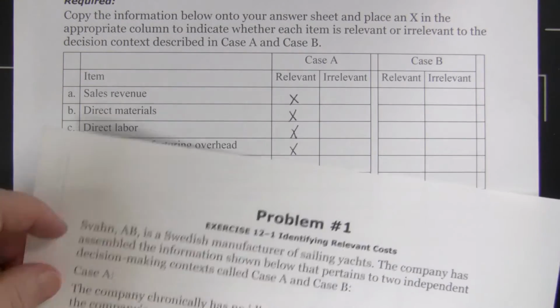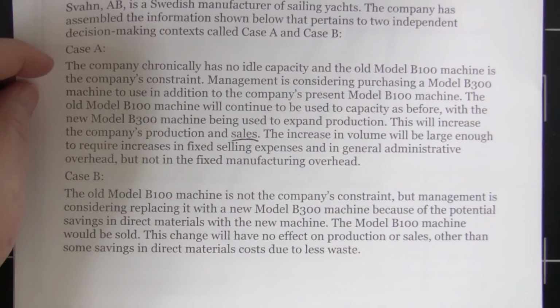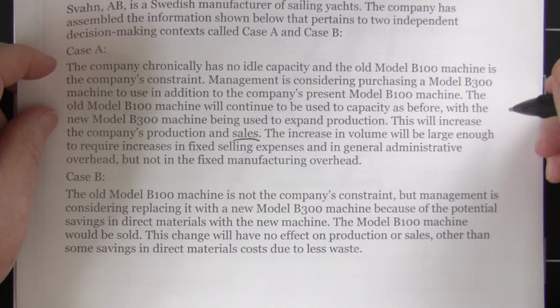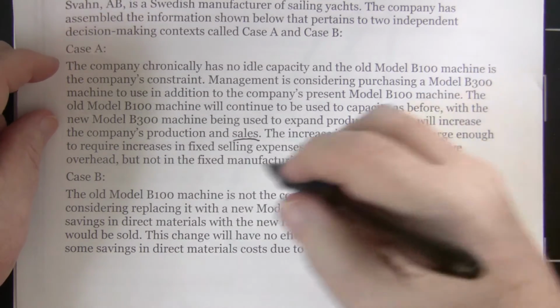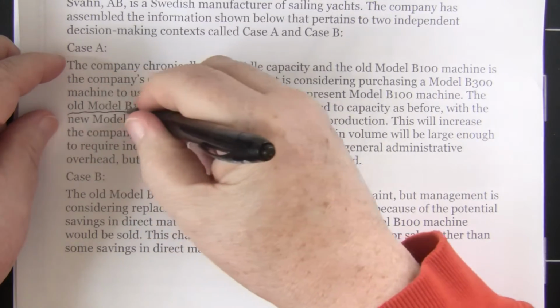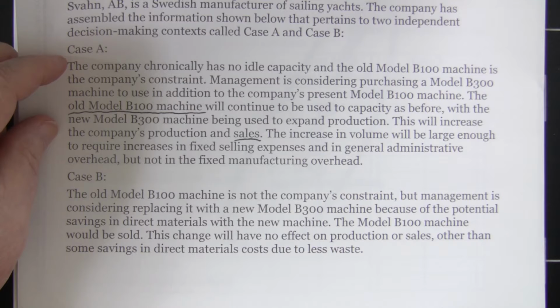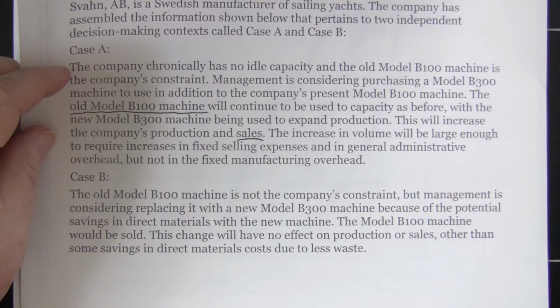Next it says, what about the depreciation on machine B? Well, what are we going to do with the 100? It says the model 100 is old. We'll continue to use it. So if we're depreciating it now, we'll depreciate it then.